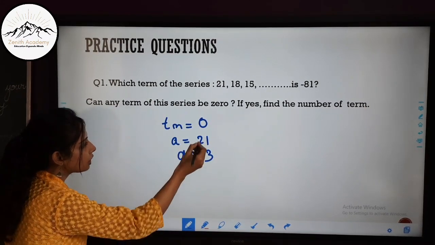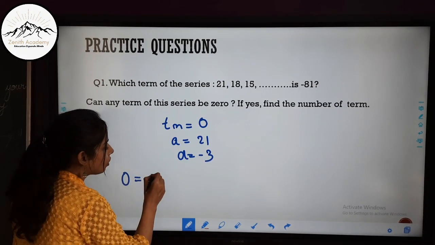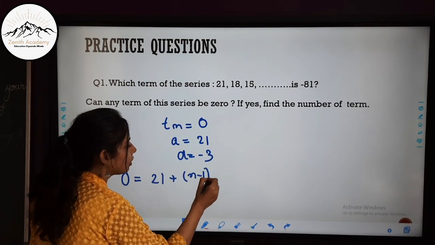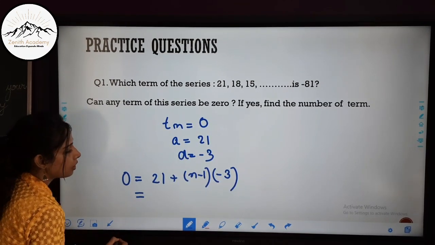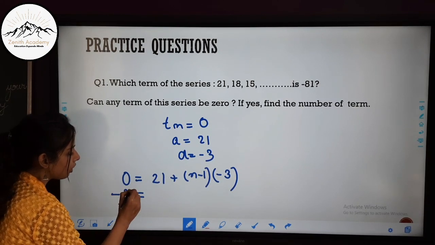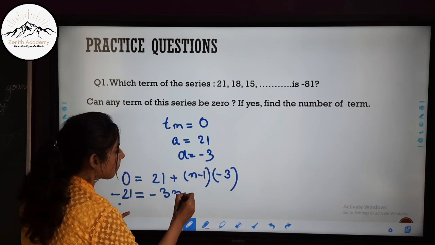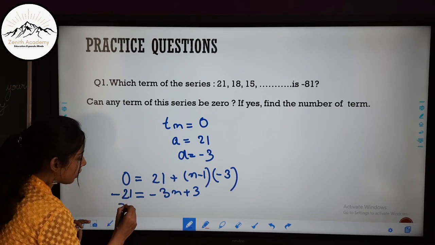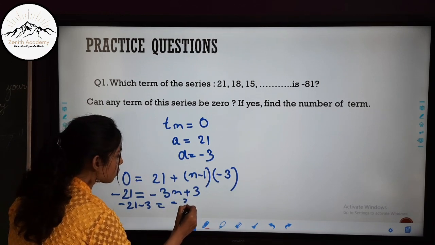So putting it in our formula, we'll get 0 is equals to 21 plus n minus 1 into minus 3. So we'll shift 21 to the other side, minus 21, and this will be minus 3n plus 3. Shifting 3 to the other side as well, minus 21 minus 3 is equals to minus 3n.